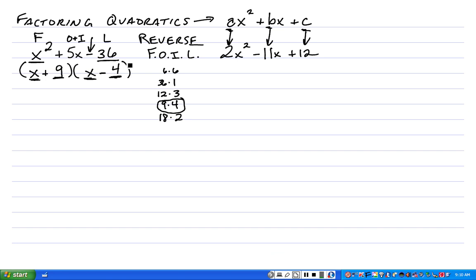So this would be considered the answer. If we had x squared plus 5x minus 36 and we wanted to factor it, it would be the binomial of x plus 9 as one factor and the binomial of x minus 4 as another factor. In other words, if I multiply this binomial times this binomial, I would get this trinomial that I started with.